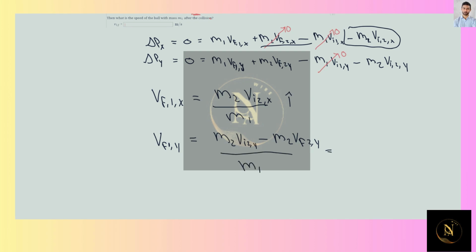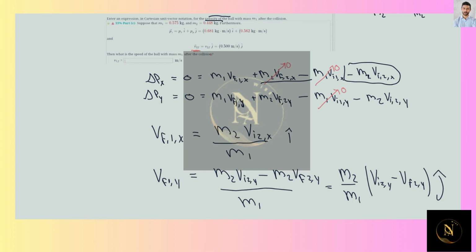Just simplifying it a little bit, mass 2 over mass 1 times initial velocity of 2 on y minus final velocity for 2 on y. And these are going to be our expressions for x and y velocities.